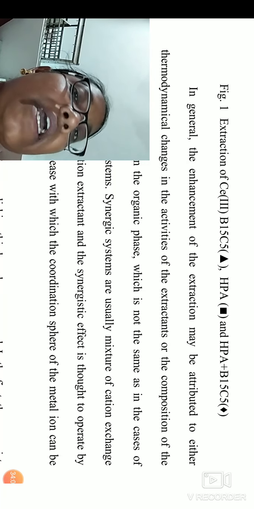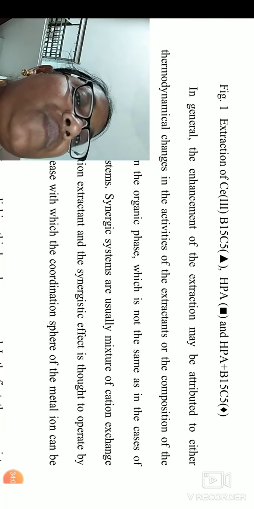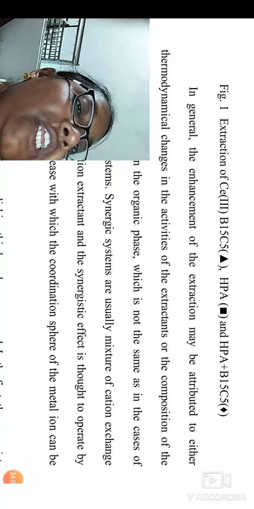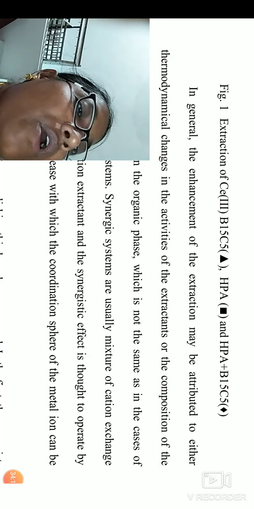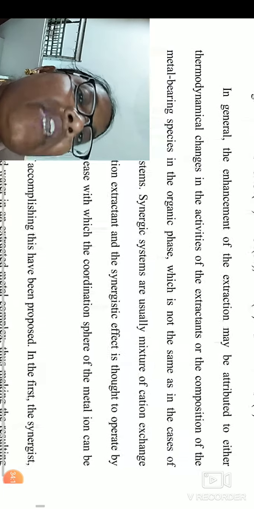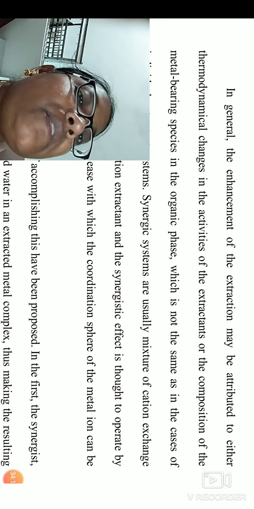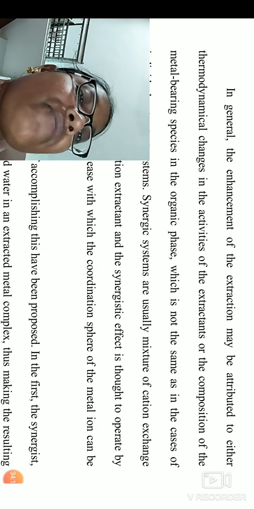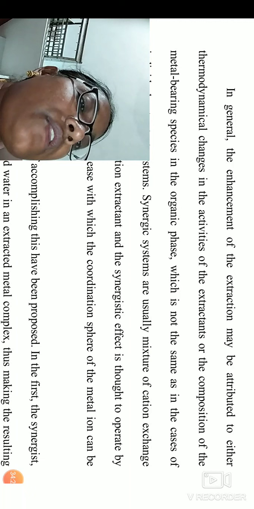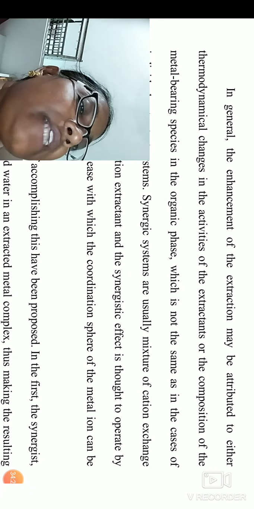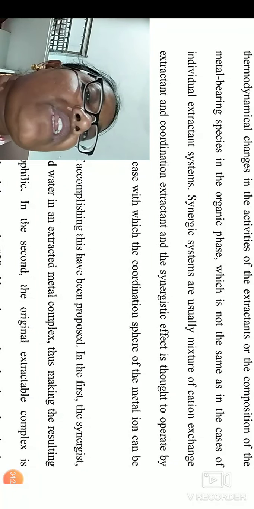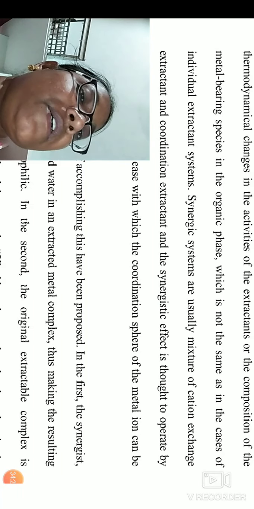In general, the enhancement of the extraction may be attributed to other thermodynamical changes in the activities of the extractants or the composition of the metal-bearing species in the organic phase, which is not the same as in the cases of individual extractant systems.